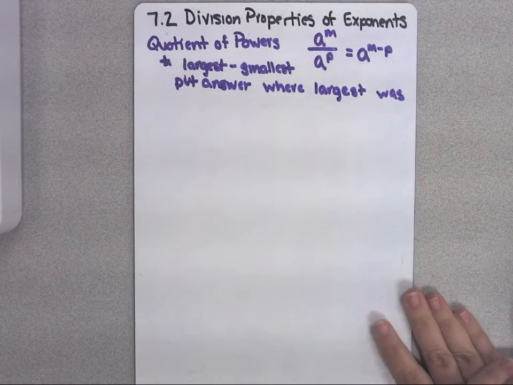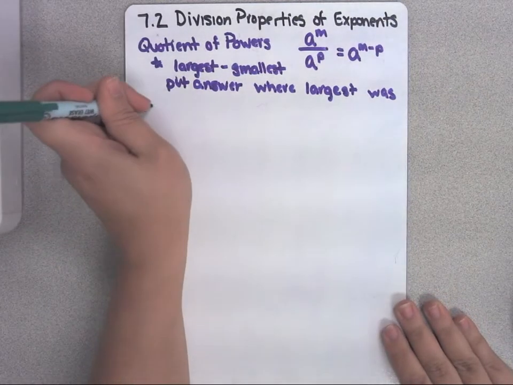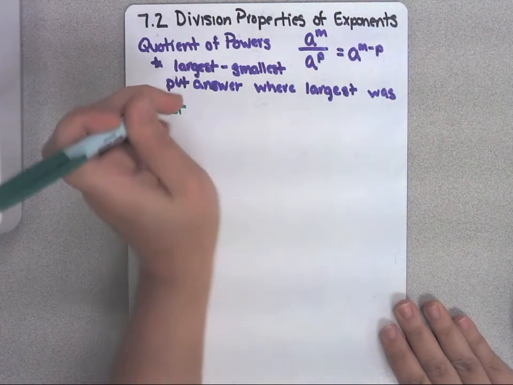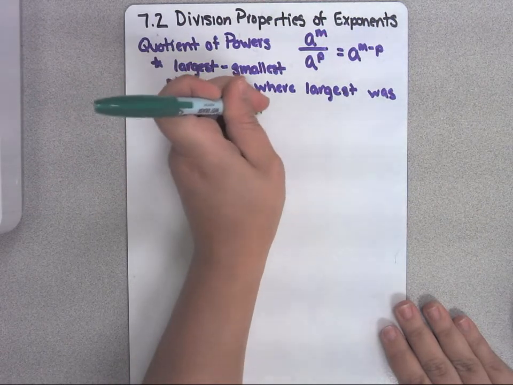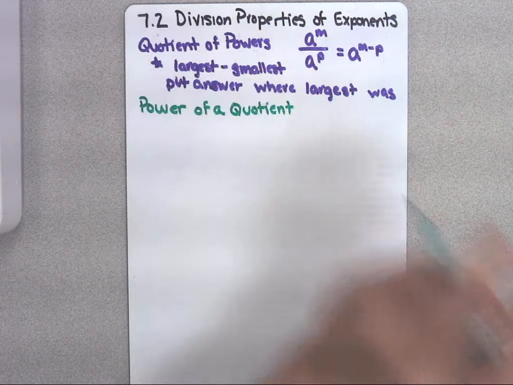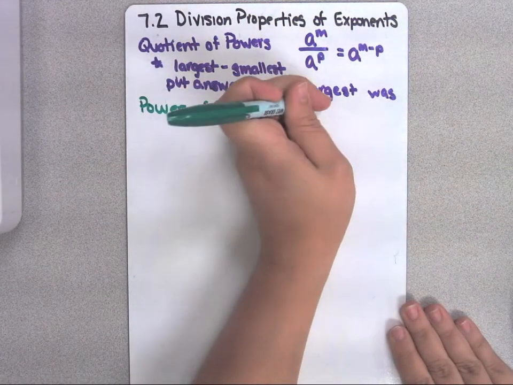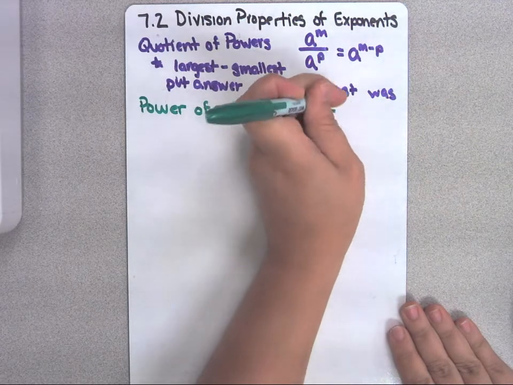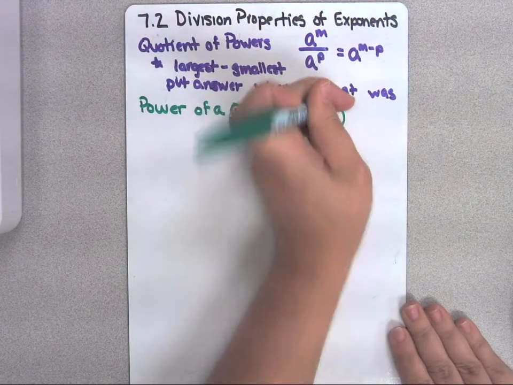The next one, you already know, we're just putting a fraction in it. This one is called power of a quotient. So again, we're going to have the parentheses. It's going to be a divided by b. That's our fraction. All to the p power.